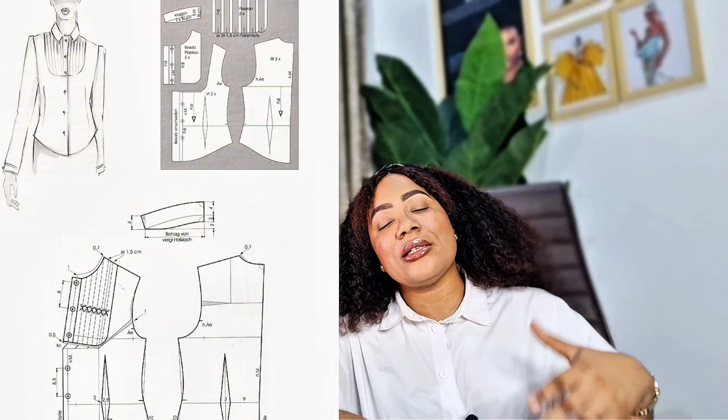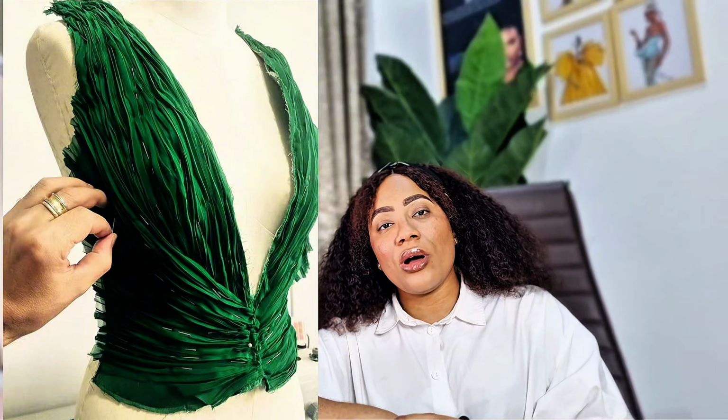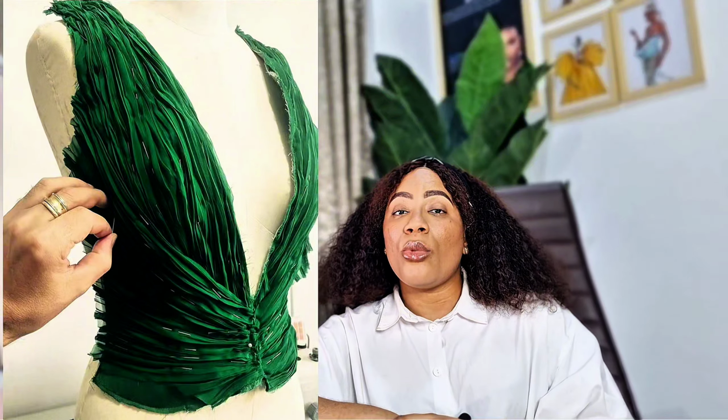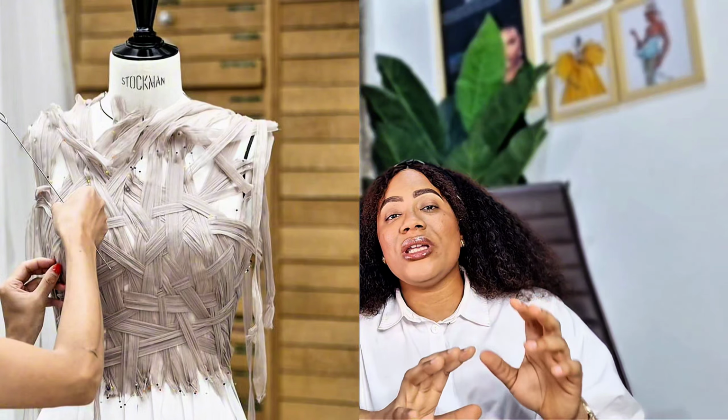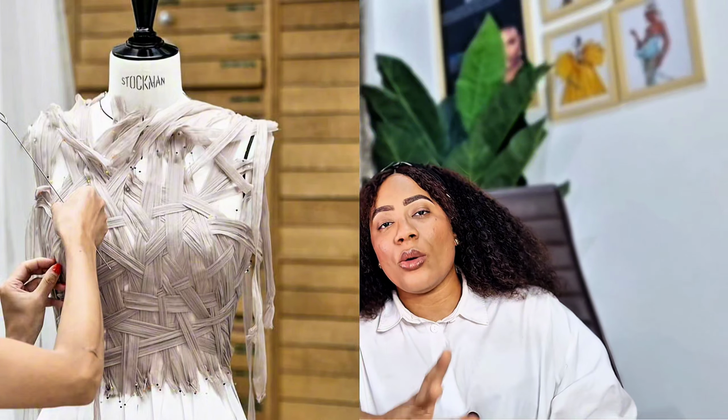For the knockoff pattern drafting, this is when you use already existing patterns to create a different, new design from other existing patterns. Draping is a three-dimensional type of pattern cutting where, instead of drafting on paper, you are drafting directly on a mannequin and cutting out.